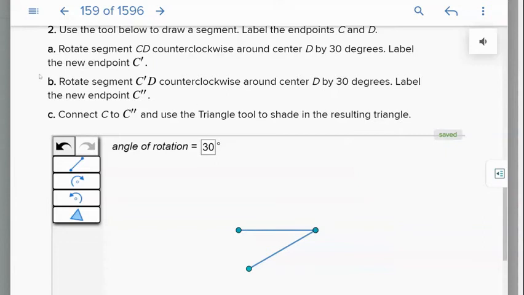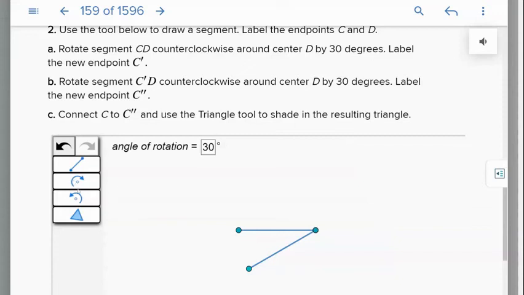Okay, so new point C prime. So C prime's down here now. Okay, it says being C up here. Then they say part B, rotate segment C prime D counterclockwise around D by 30 degrees. Label the new endpoint C double prime.